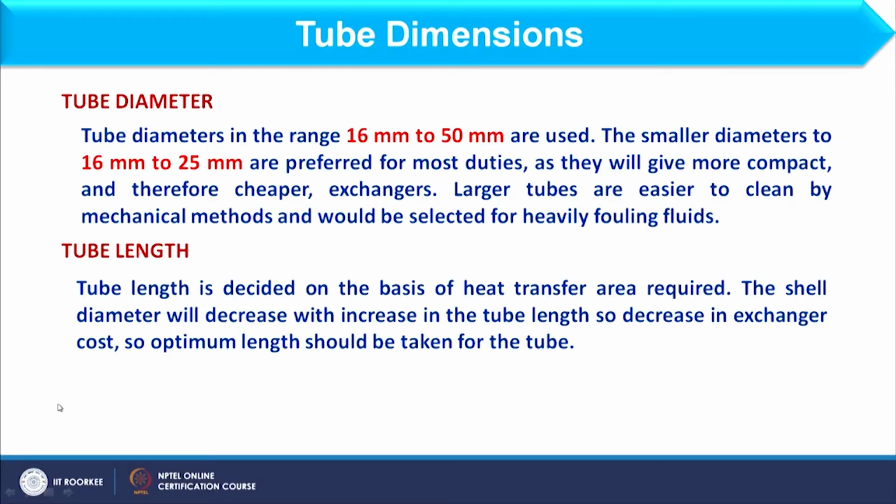Now, let us focus on tube length. What is the purpose of tube length? When I say tube length, basically I am fixing the length of the heat exchanger. If I say that 5 meter is the length of the tube, 5 meter will be the length of the shell also. So, the tube length basically decides the shell length also as far as heat transfer area is concerned.